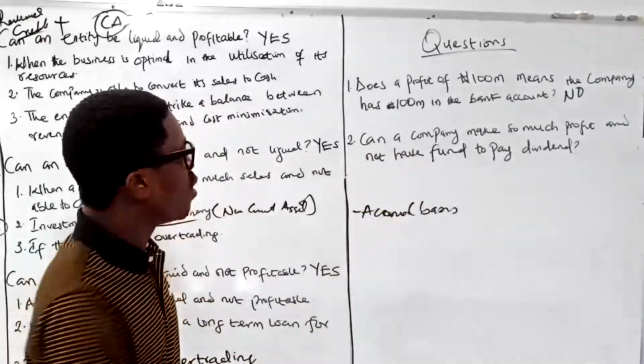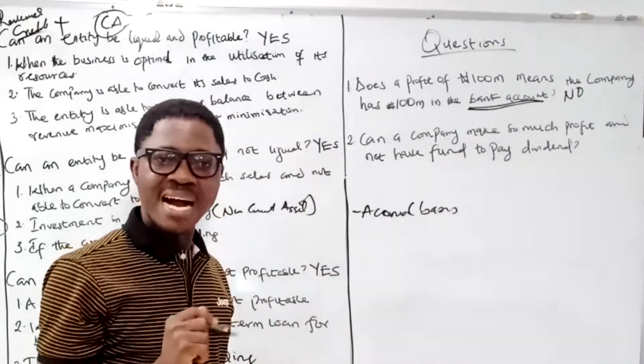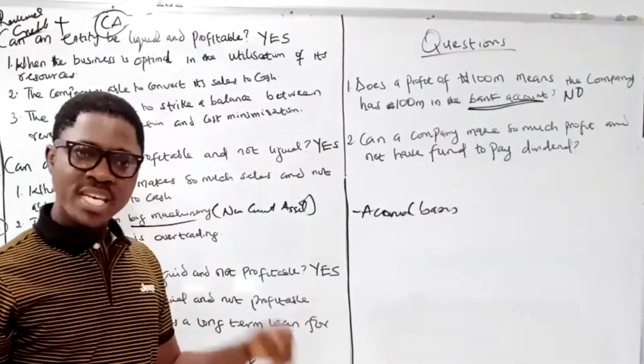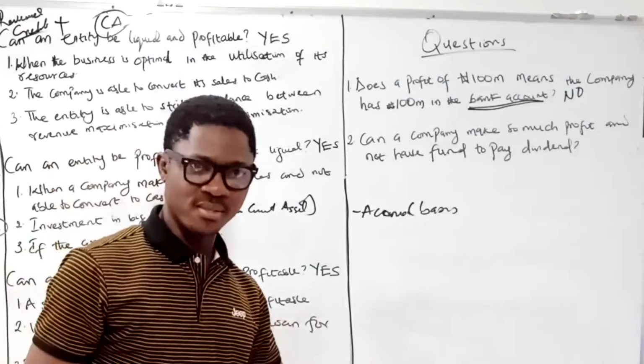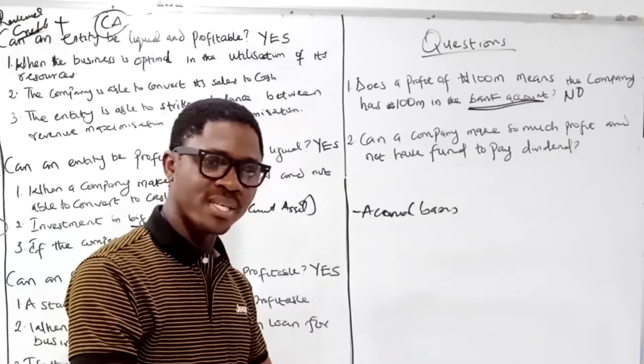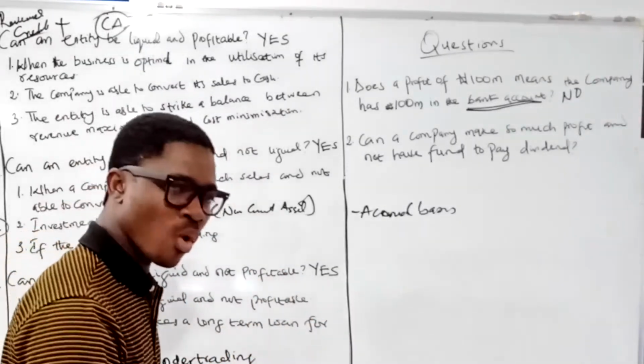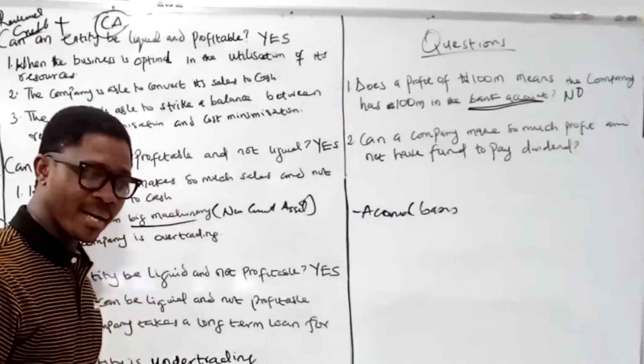And we know that our bank account is a function of the cash that goes in and comes out. So if revenue is earned and it doesn't translate to cash, that would also mean that having so much in our bottom line doesn't translate to having the same amount in our bank account.